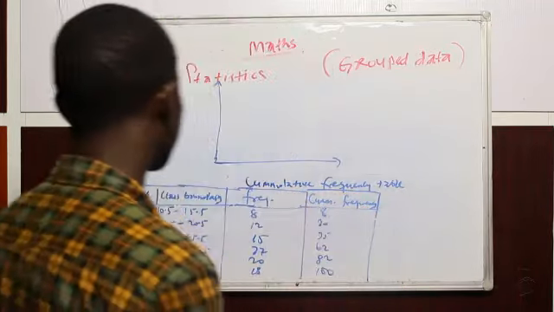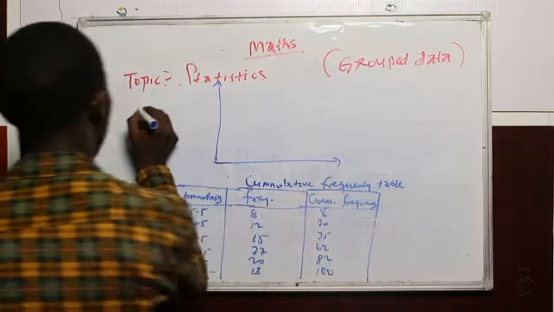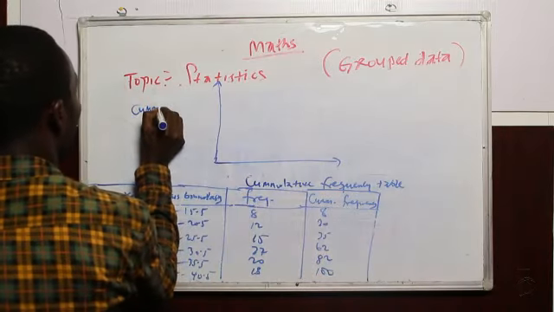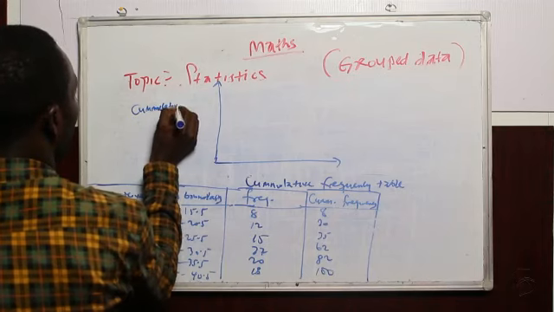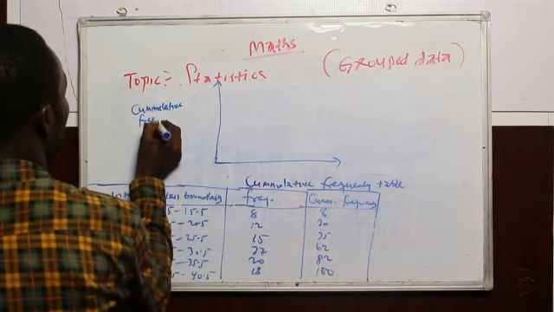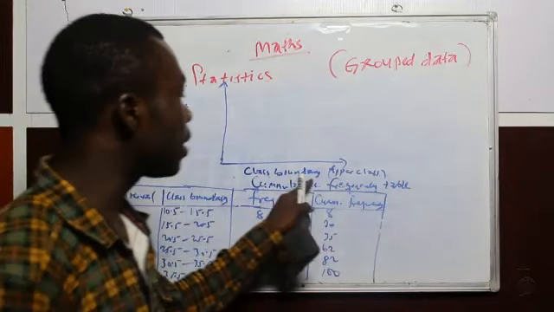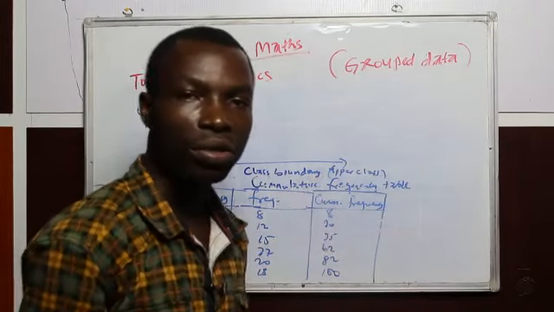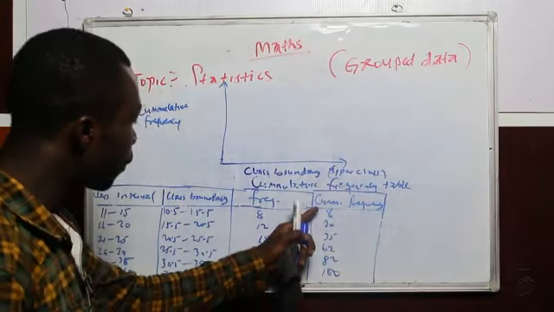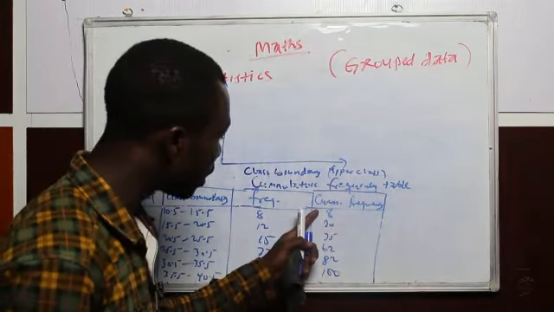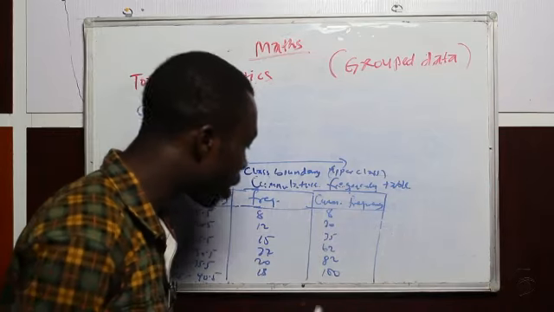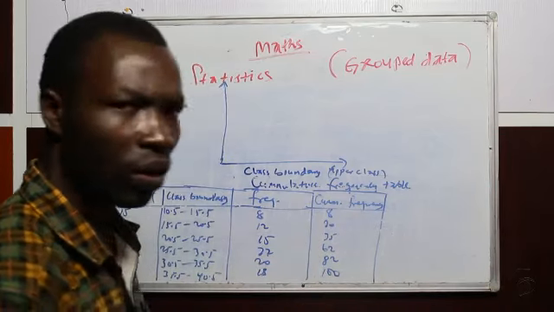Now, what is our vertical axis and what is our horizontal axis? In our vertical axis, we are going to put cumulative frequency on the vertical axis against the upper class boundary on the horizontal axis. Now, our cumulative frequency here, the least number is 8, while the highest number is 100.